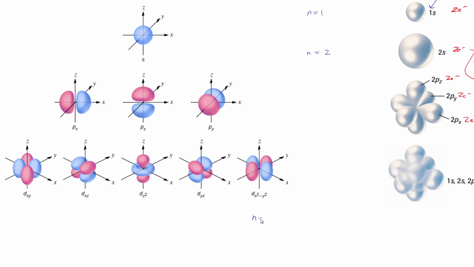If we do the math here, we find that there are 18 possible electrons on the 3rd energy level. So Bohr's calculation still holds true today. 2n squared is equal to the number of electrons per principal quantum number.